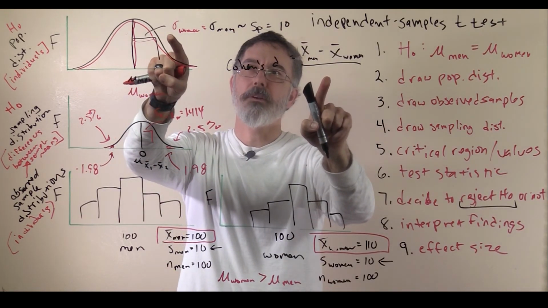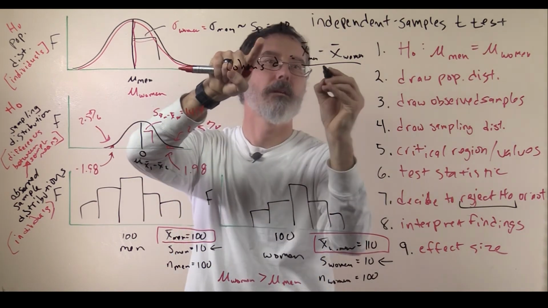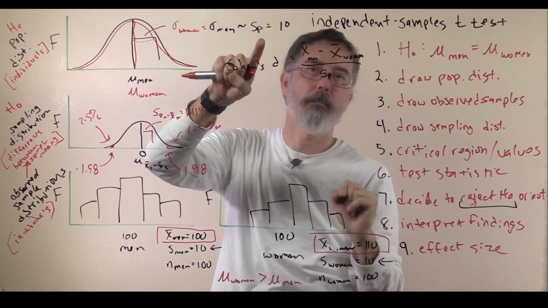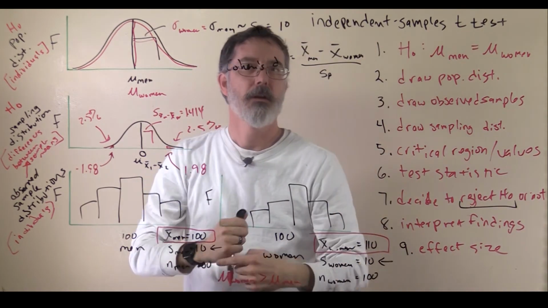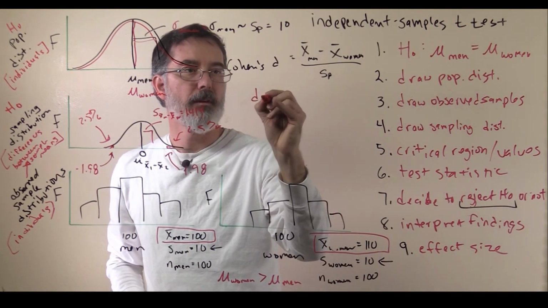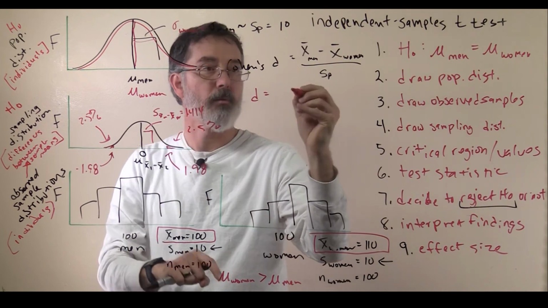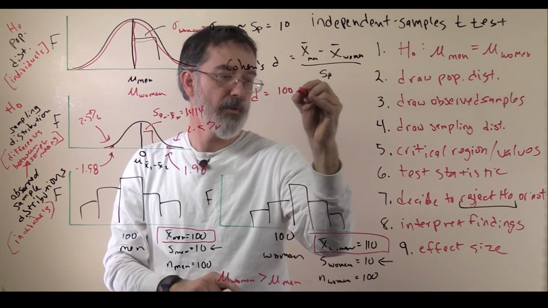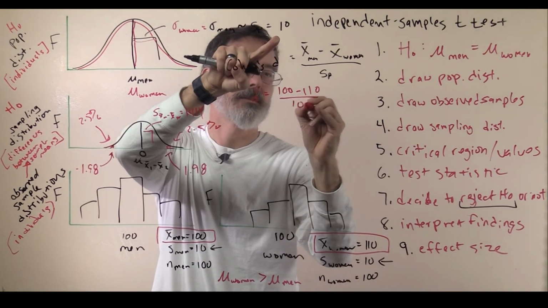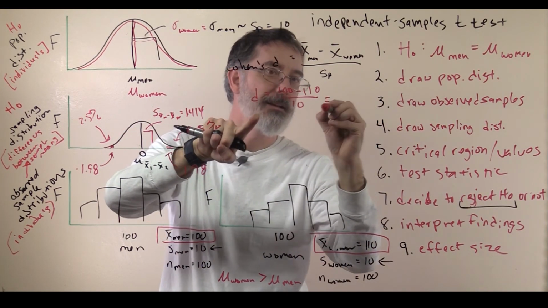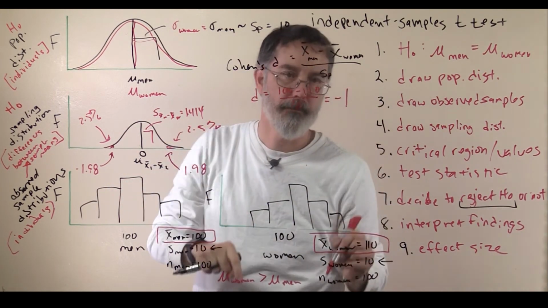And this is how many standard deviations away at this level. So we want the population standard deviation. So in this case, what we'll do is we'll put in our best guess based on pooling the two observed samples. All right, so we can calculate our observed d here. So men was 100, women was 110. The pooled standard deviation was 10. So our Cohen's d is -1.